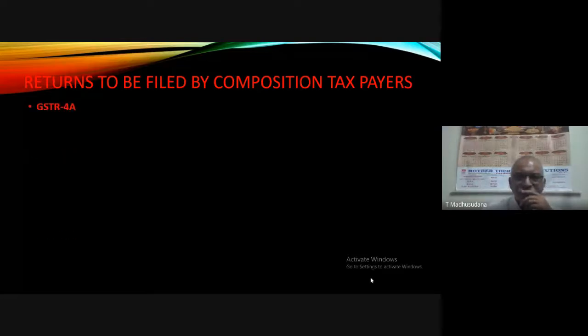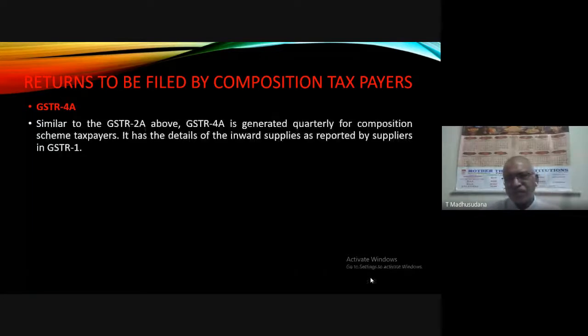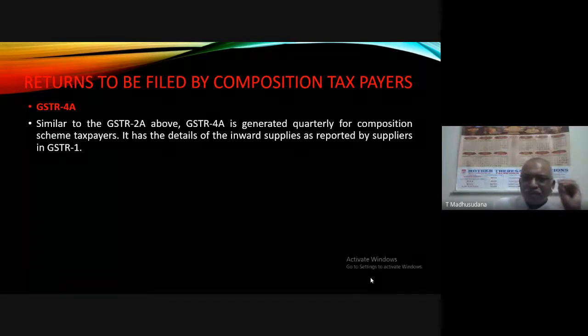GSTR 4A. As far as the composition taxpayers are concerned, they need not submit returns monthly. They have to submit quarterly returns only.